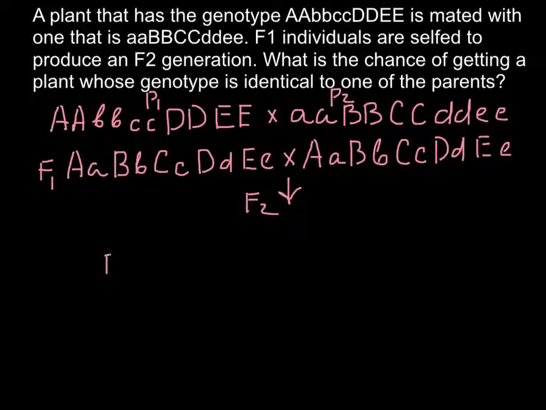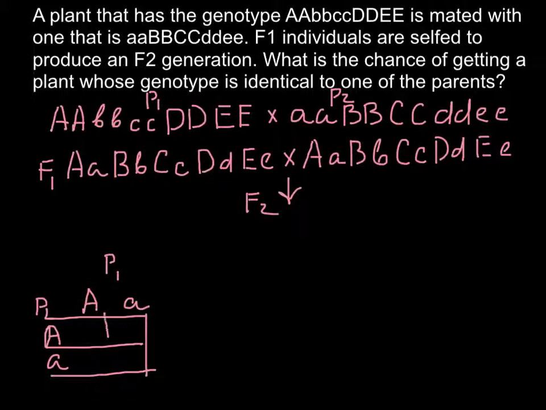So for example, parent 1 would be here, capital A, small a, and parent 2 would be here. Also, the genotype would be the same, heterozygous. And if we cross these two parents, the genotype of the progeny is going to be capital A capital A, capital A small a here, capital A small a here, and small a small a here.